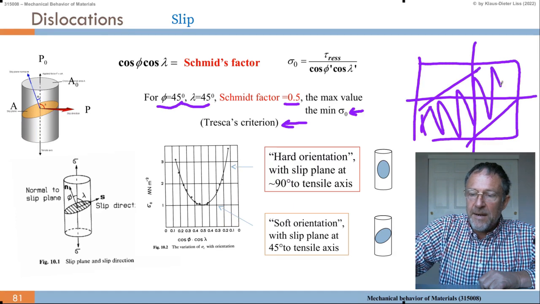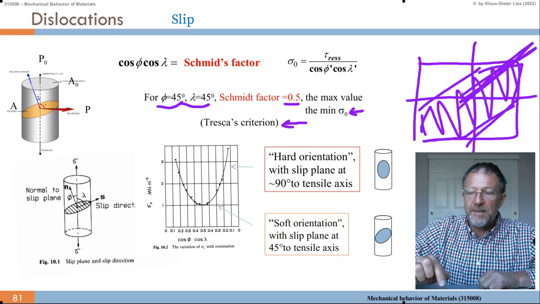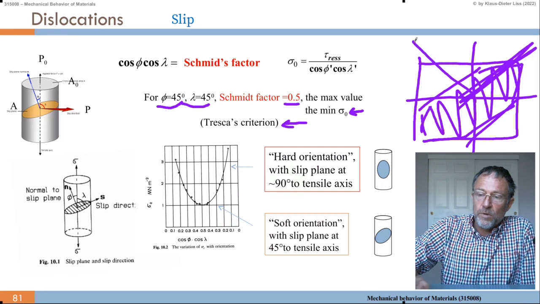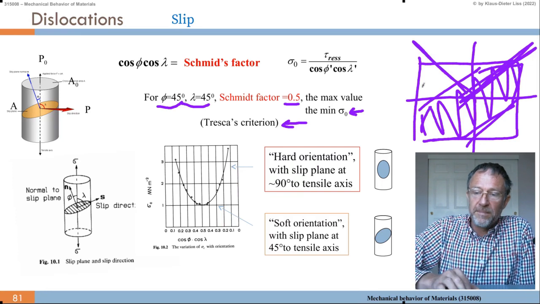Yielding occurs when you're outside this area, and in the 45 degree direction we get a maximum, and in this direction we get the minimum.